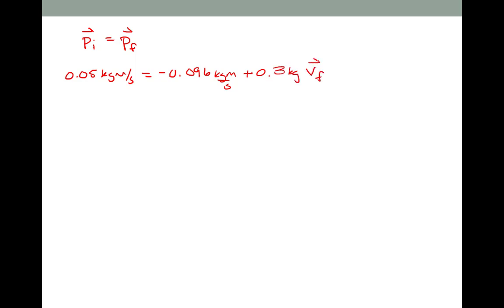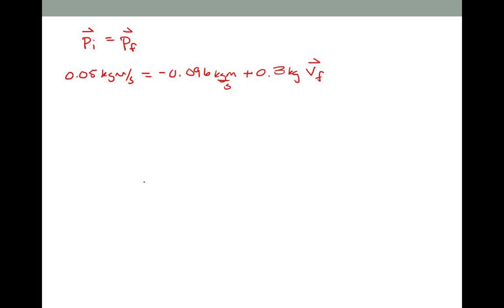I can now say momentum is conserved, so initial momentum equals final momentum. That results in 0.05 kilogram meters per second equaling negative 0.096 kilogram meters per second plus 0.3 kilograms times the final velocity of that puck.